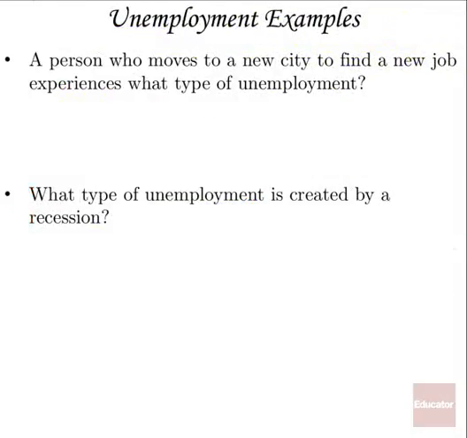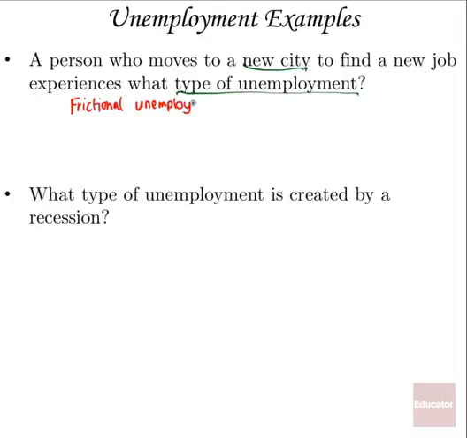Here's a quick example. A person who moves to a new city. Let's say you're living in Los Angeles and you decide, I'm going to start over, and you move to Austin, Texas. And remember, you're actively looking for a job. What type of unemployment is that? Well, it's clearly going to be frictional unemployment.